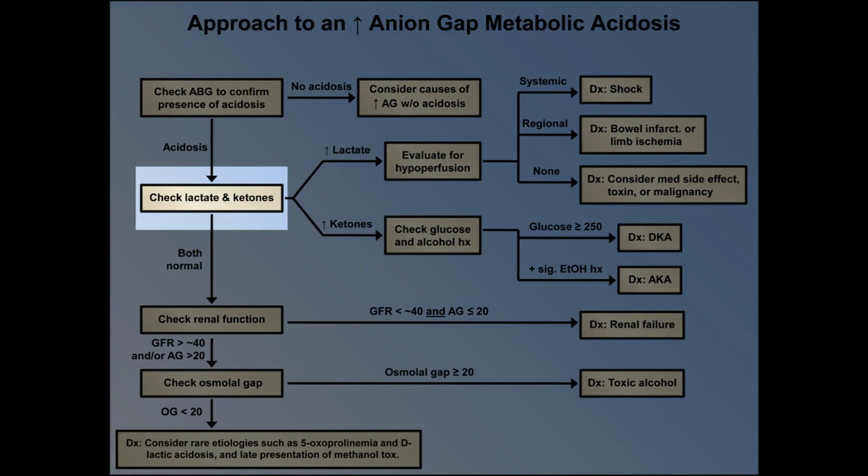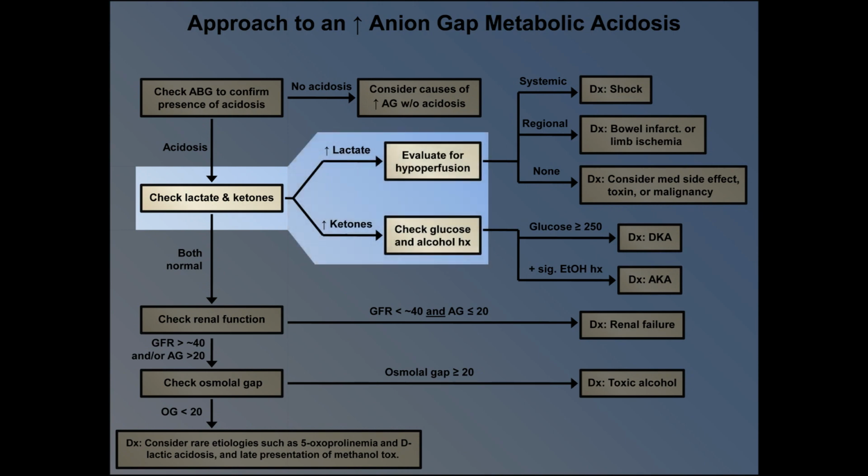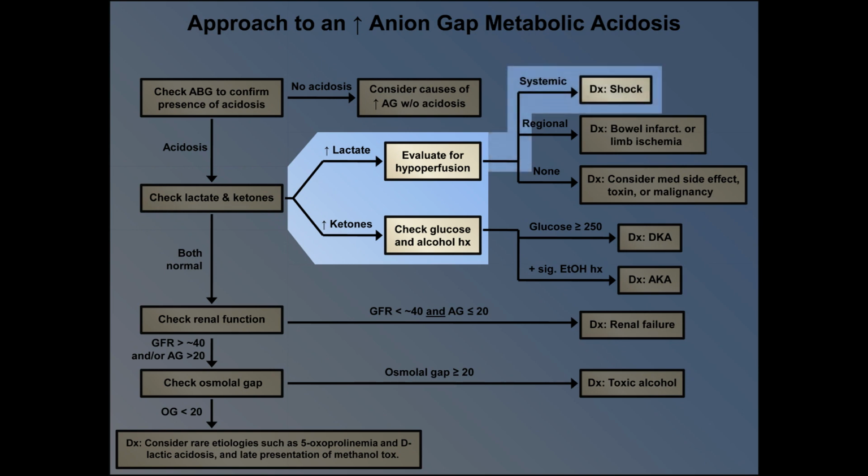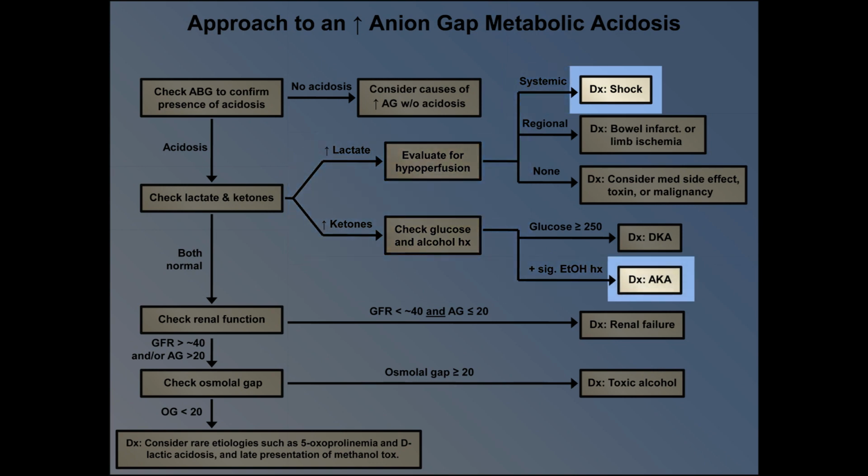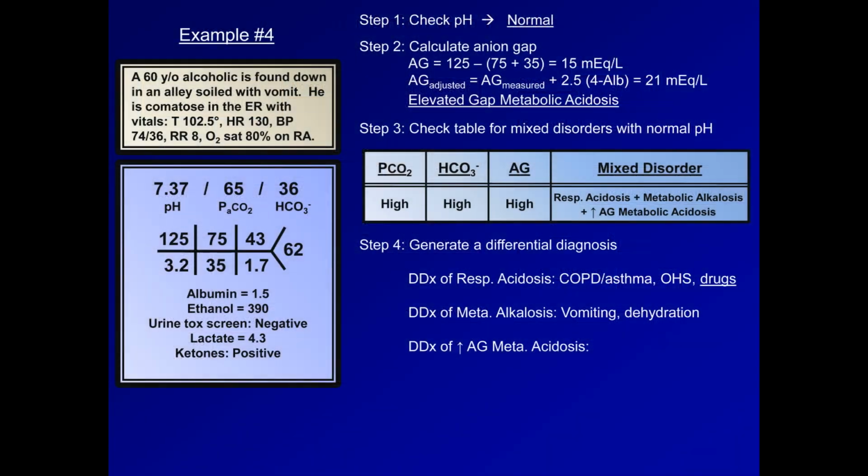Returning to the flowchart, we'll go down both paths simultaneously. For the elevated lactate, his severe hypotension is consistent with systemic hypoperfusion from shock, and his alcohol history is consistent with alcoholic ketoacidosis. Returning back to the patient again, before we give a final diagnosis, we need to ask, why does he have a lactic acidosis?